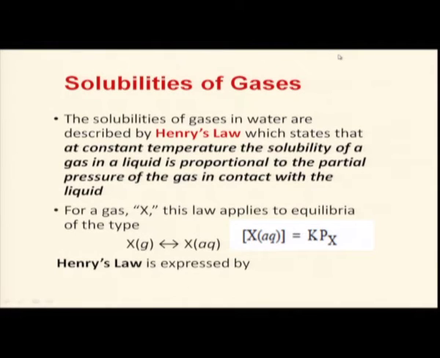Usually gases are soluble in water too, but it is governed by Henry's popular law, and he described the solubility of different gases in water. According to this, Henry's law states that at constant temperature the solubility of a gas in a liquid is proportional to the partial pressure of the gas in contact with the particular liquid. Usually here it is water.